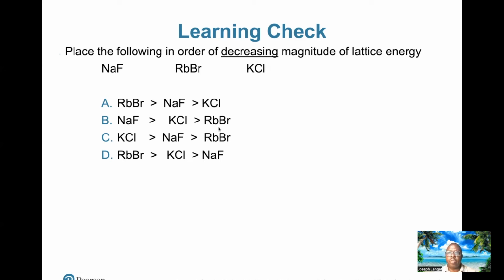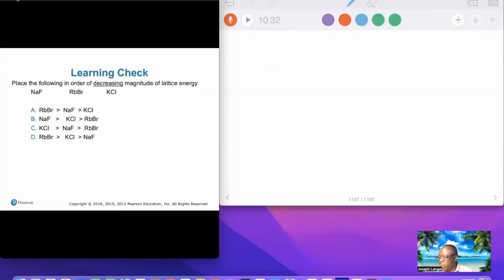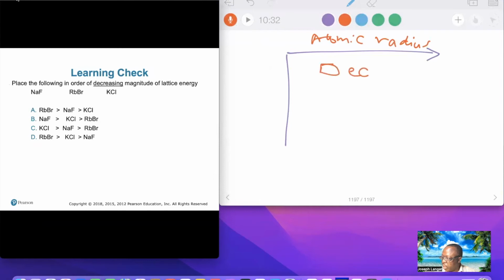So here, using the periodic table without having the numerical values, as you go across, atomic radius, this is a trend we looked at earlier on. This decreases, and then coming down, this means increase.